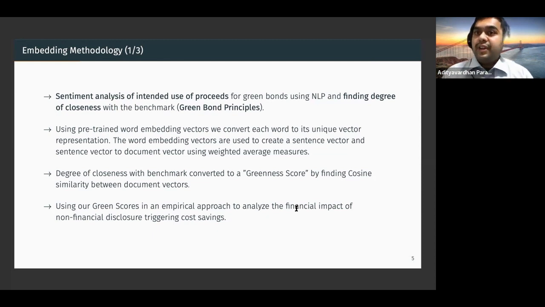So using pre-trained word embeddings, we convert each word into a unique vector representation. Then we combine it into a sentence vector and a document vector using weighted average measures. This degree of closeness is converted into a green score, and for that we have used cosine similarity between document vectors. Next slide, please.